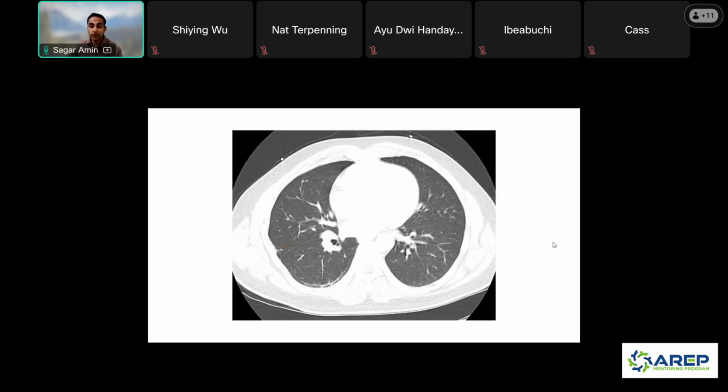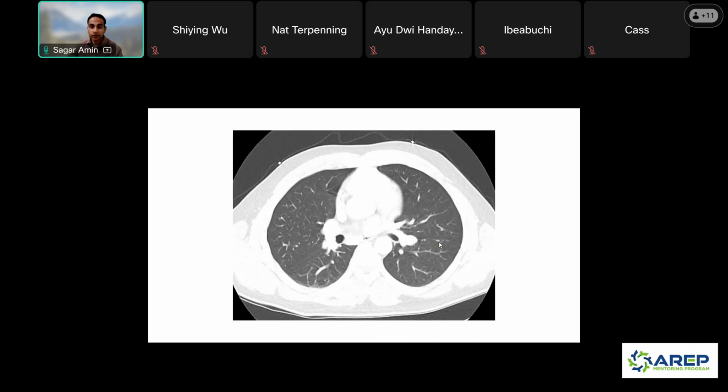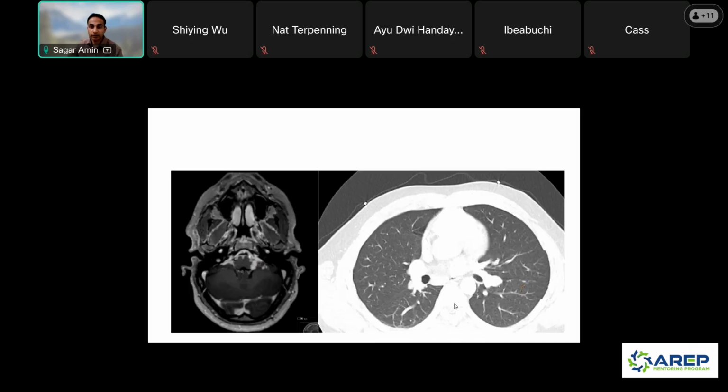And then we have some axial images on lung window, and you'll notice some nodules here. It's very subtle, but there's a few nodules right here where my arrow is. And then there's some also right here, and I'll blow that up. So here's the key finding.